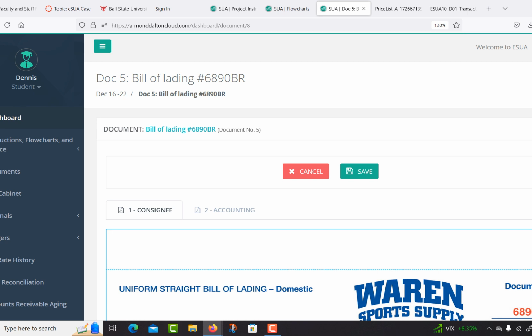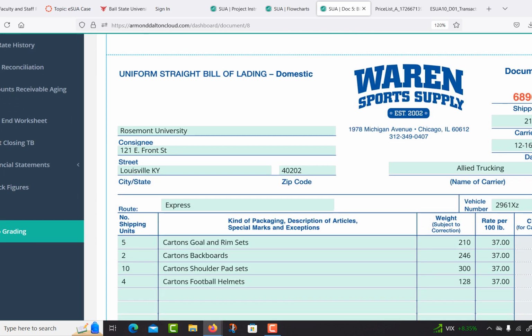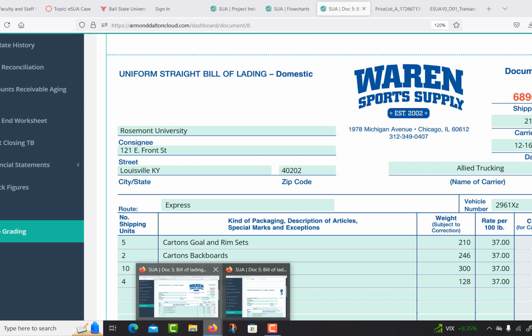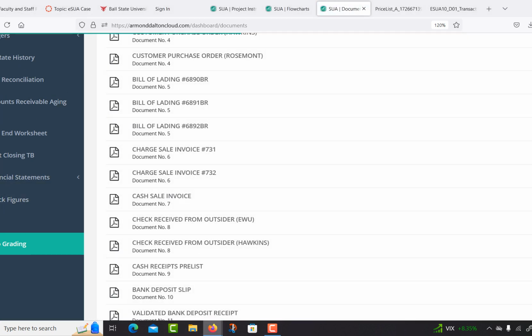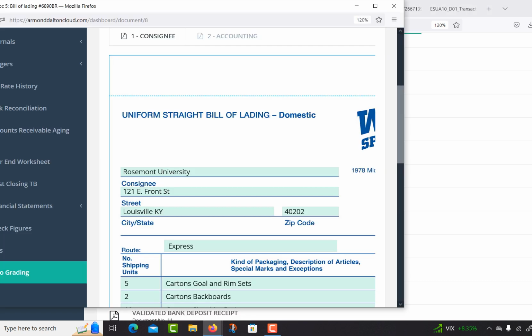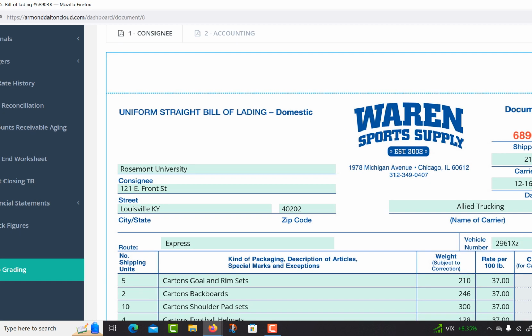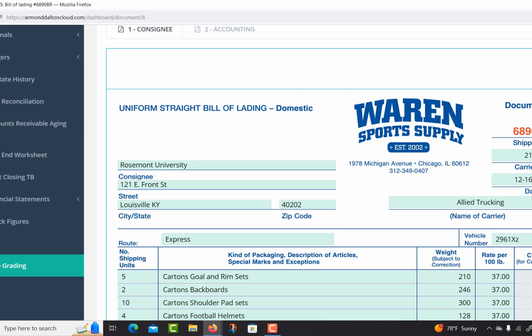So in this bill of lading, let me just go back on this and switch windows. So the bill of lading is over here in this window, and what we're going to do is fill in Rosemont's information off of the transaction, which is on December the 16th.